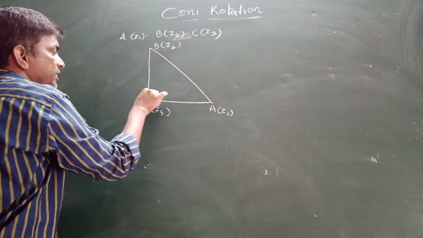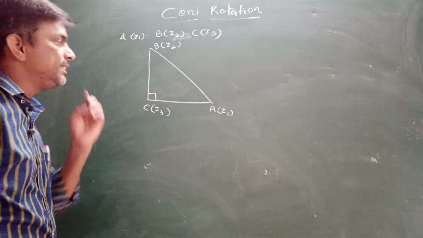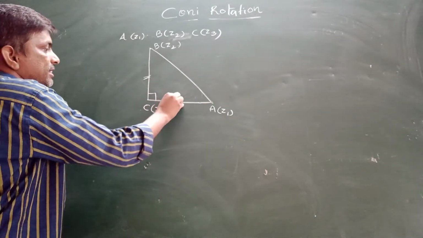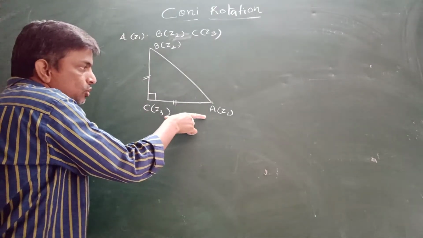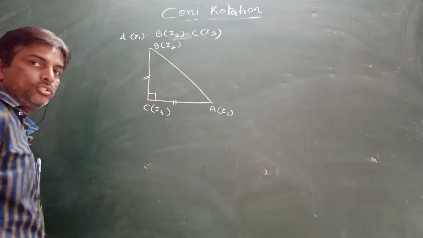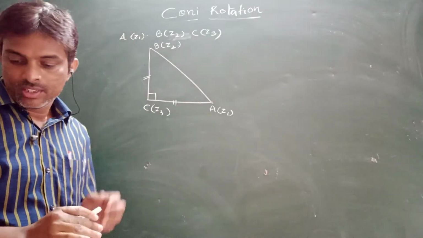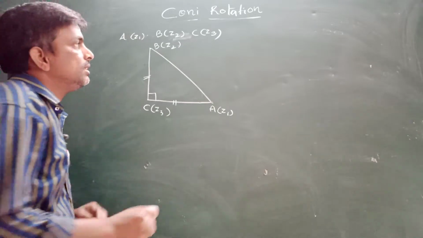It is a right isosceles triangle at C, so these two sides are equal in length. Nothing but the distance between these two complex numbers is equal to the distance between these two complex numbers. This is the information given.